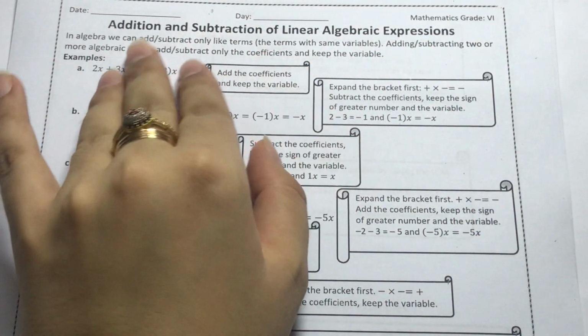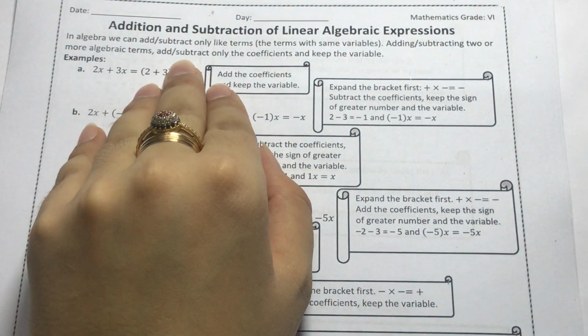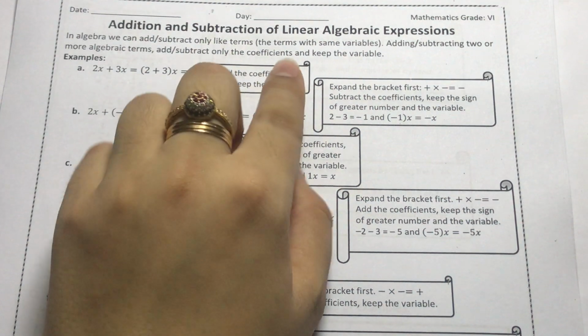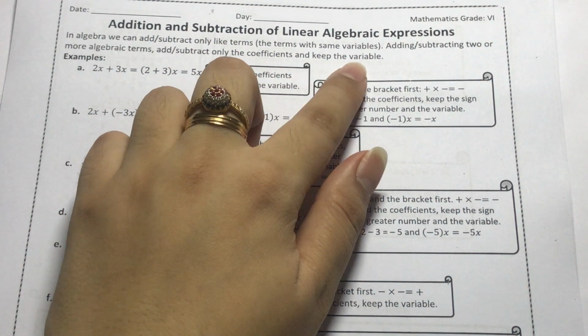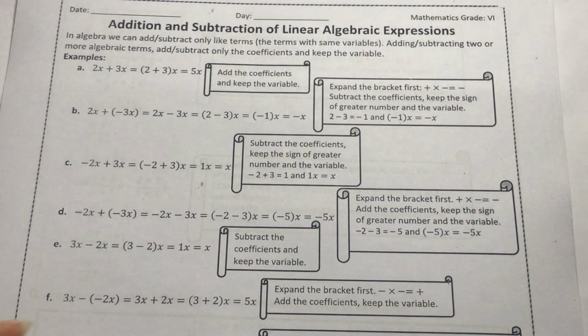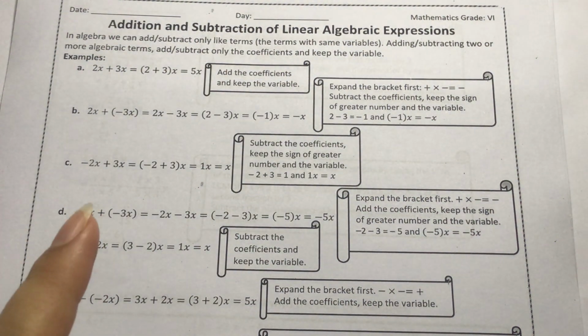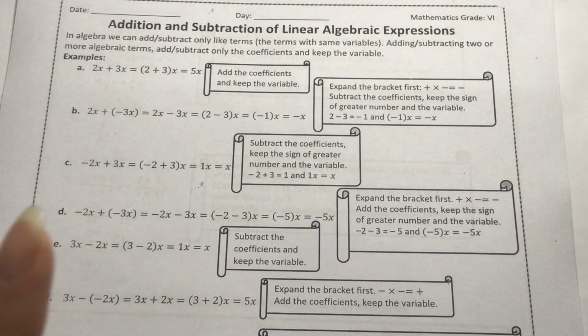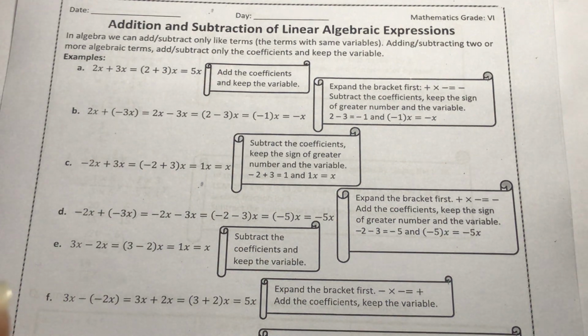Adding, subtracting two or more algebraic terms, add or subtract only the coefficients, keep the variable, right? What we will do, we will only add or subtract the like terms, the terms with the same variables, and we will only add or subtract the coefficient of the variable, and we will keep the variable, right?